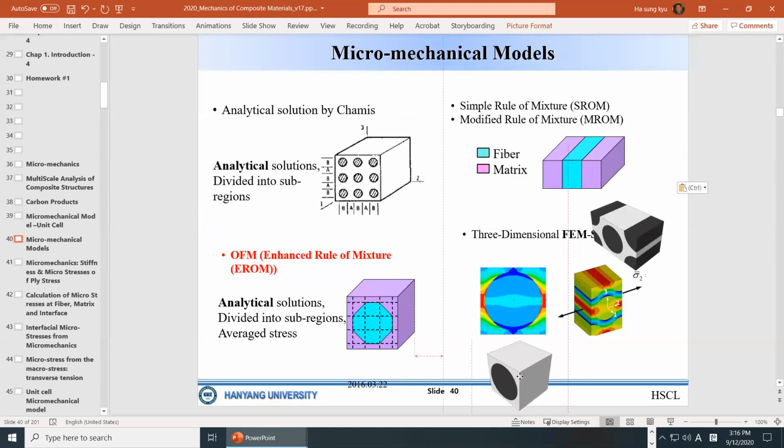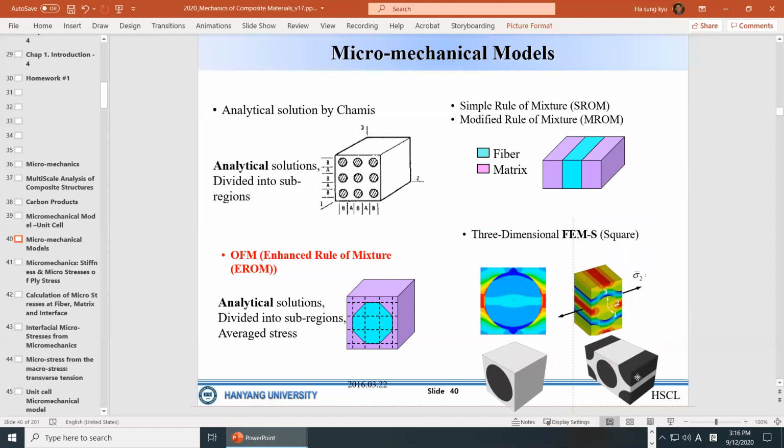This is the square model. This is the hexagonal model. And also we can assume very simple models called a simple rule of mixture. Rule of mixture, what does it mean? Well, since this arrangement is a little bit difficult, we just assume that there are only fiber and resin layers, okay?